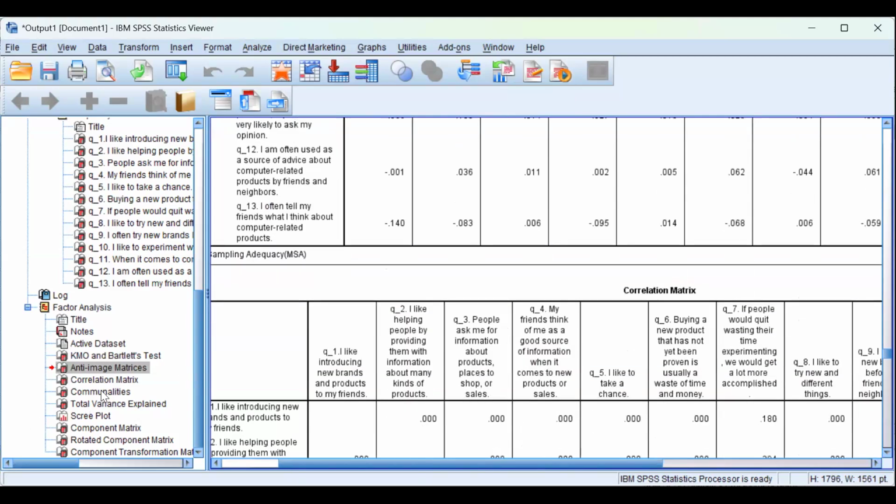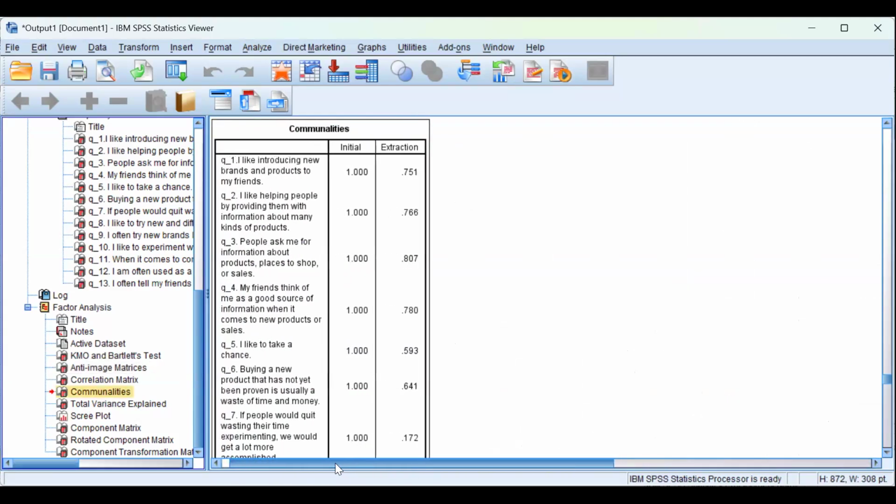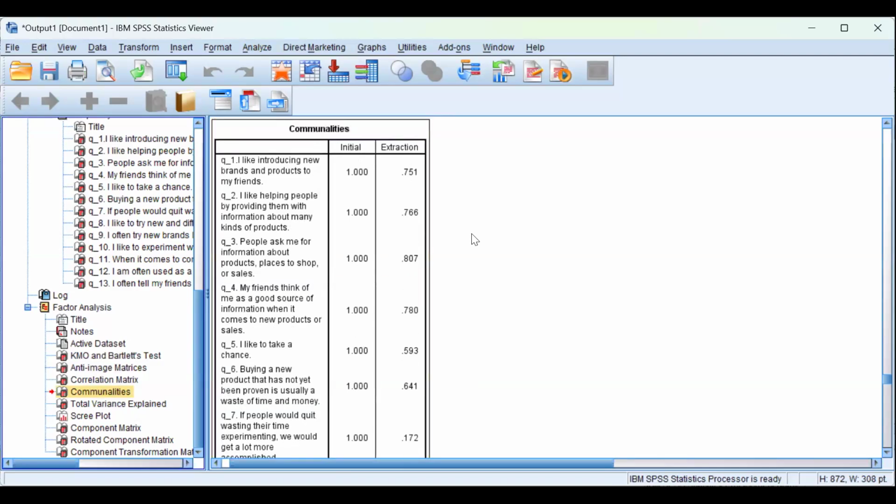The next table which you get is the communalities table, right? So now again, under communalities, look at all the values under the extraction column. So what is a communality? Communality basically explains the amount of variance in a variable that can be explained by a factor, right?